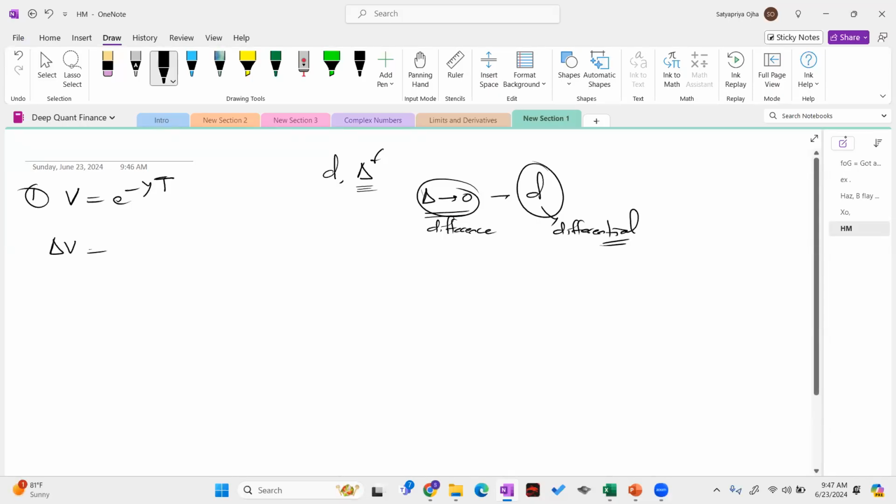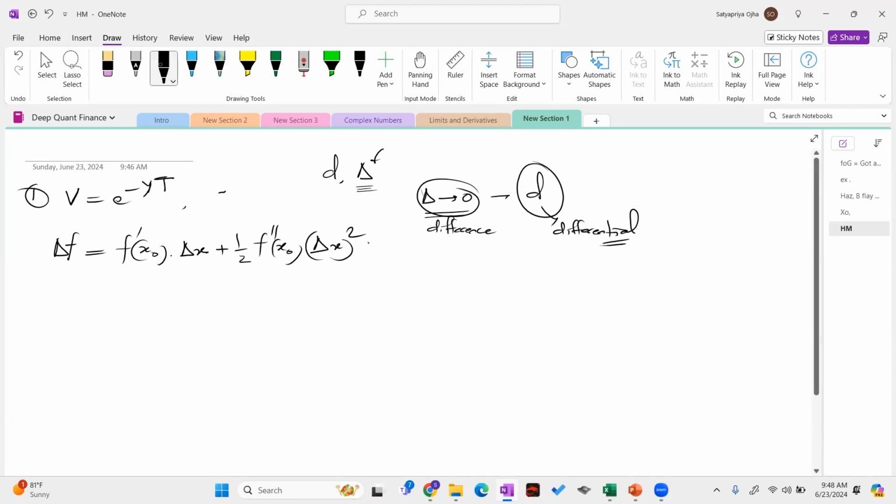Change in value of the derivative or the bond is equal to, what should I write? First, we write the Taylor series expansion, the change formula. Change in value of a function at any point is derivative times delta x plus half second derivative delta x square.